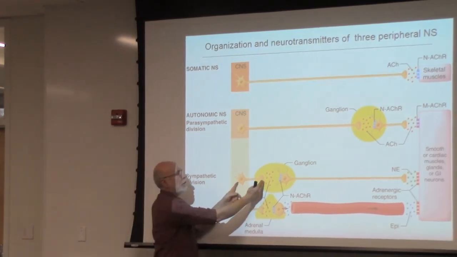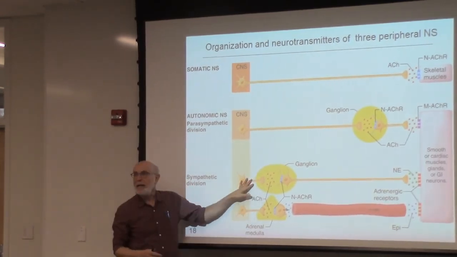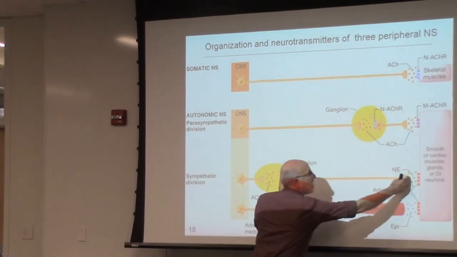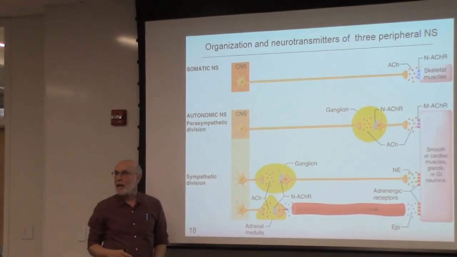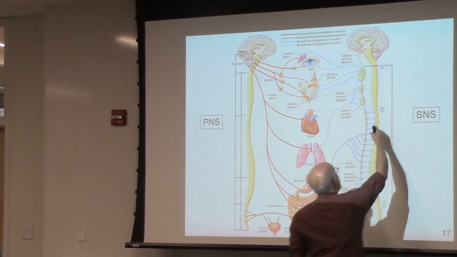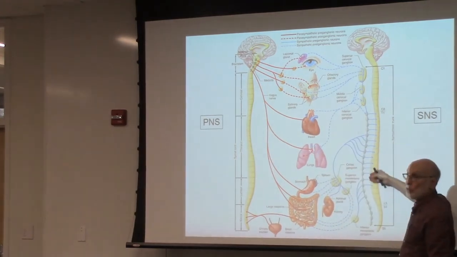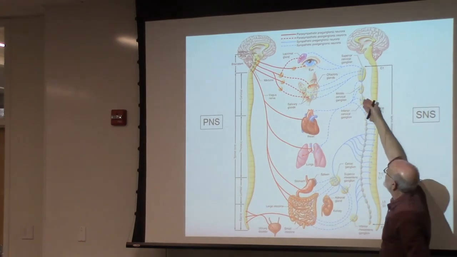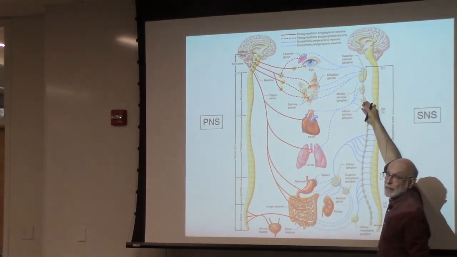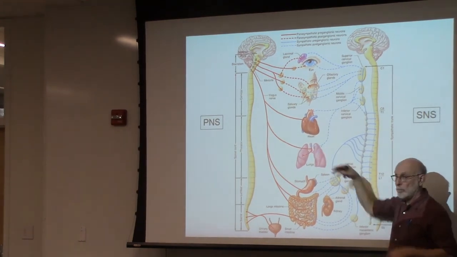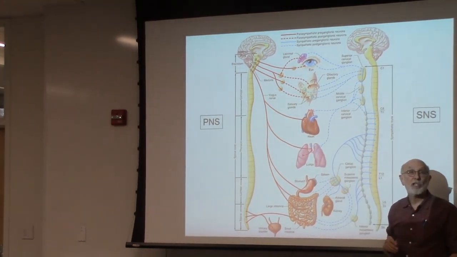So this nerve is preganglionic, and this nerve is postganglionic. Going back to the previous slide, these are the central nervous system preganglionic nerves that make a synapse in ganglia, and then those postganglionic neurons project to their targets.